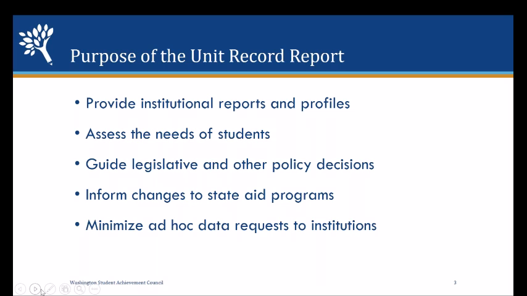It measures the needs of our students, and it minimizes ad hoc data requests to institutions. This is something we really want to do because anytime we have to create ad hoc reporting, it leaves room for potential errors and inconsistency of data. So our goal is to make sure that we have complete information that we can report on, and it acts as a centralized data repository.